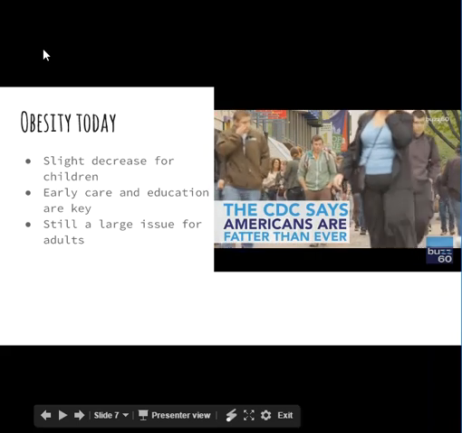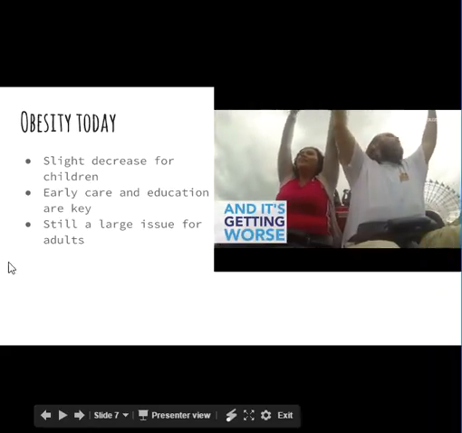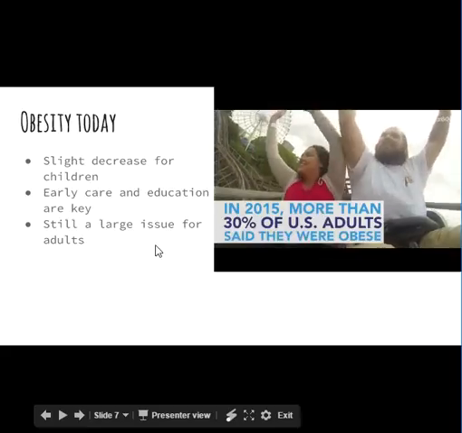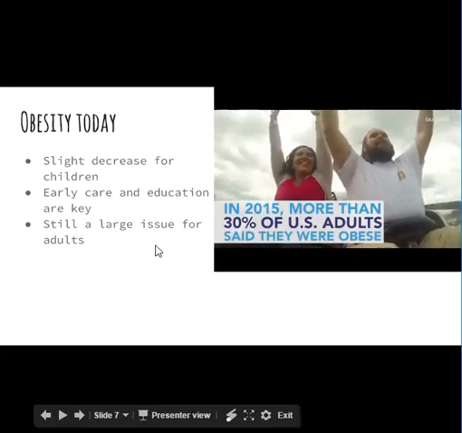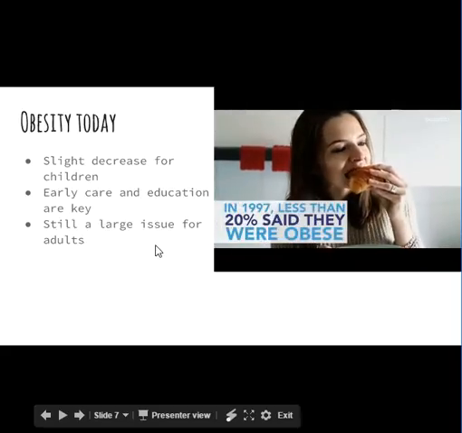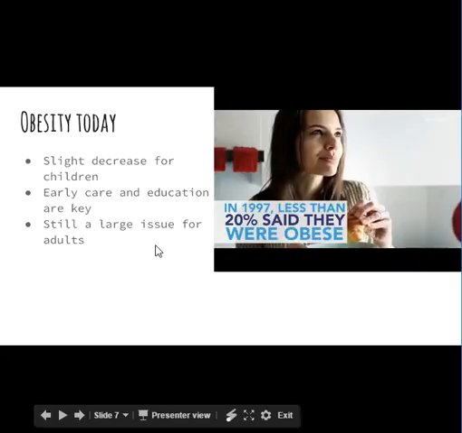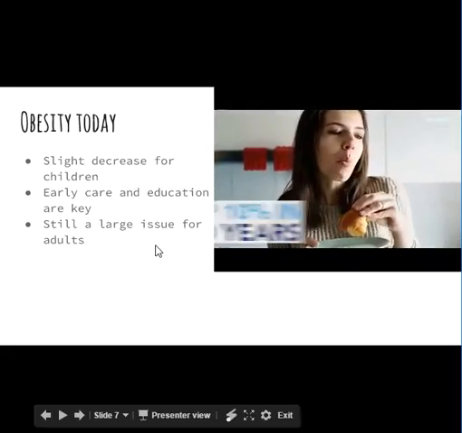And so overall, obesity is an issue, and a way to prevent this from becoming an even larger issue is health and nutrition awareness, and giving this information out to parents and families at home, and giving them the resources available so that fast food's not the only option they have.